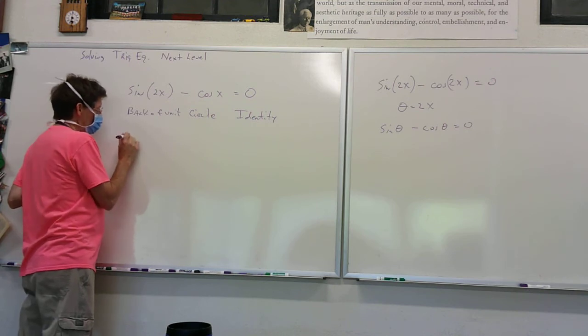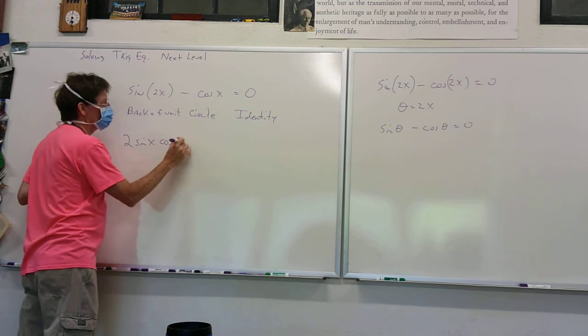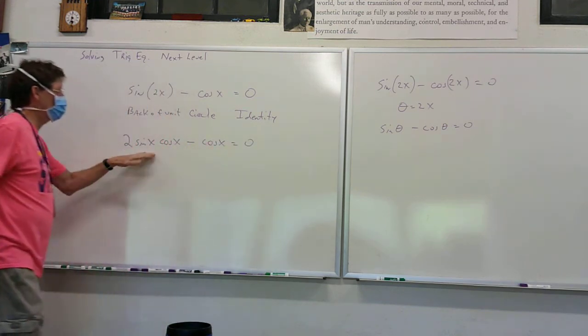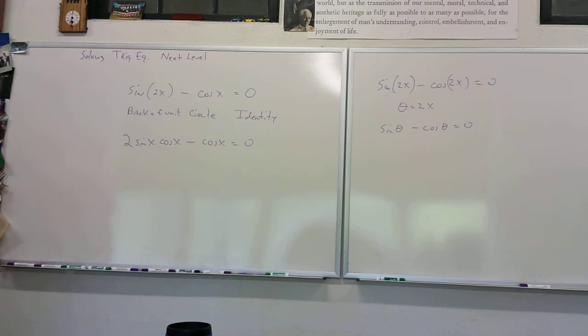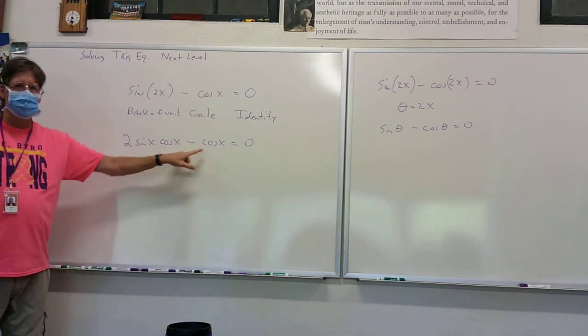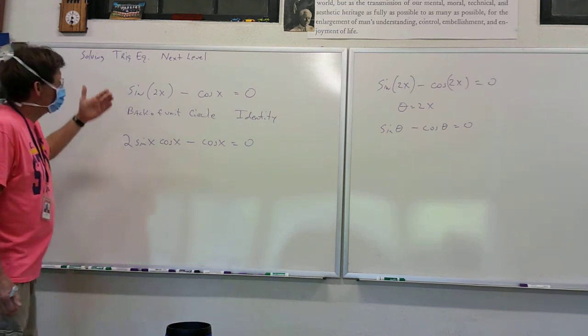We're using x's, so we'll do x. And that turns it back into what you were working yesterday and the day before. Because now what can you factor out of both of these? Cosine x.